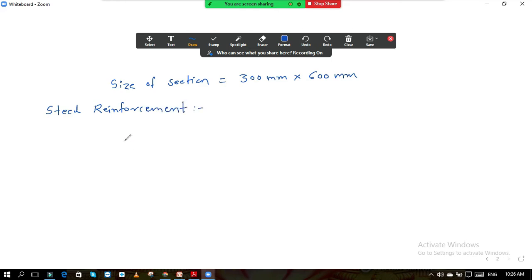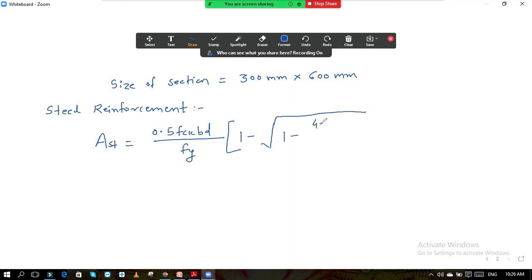So how to calculate the steel reinforcement? Ast is equal to, you know the formula, 0.5 fck bd divided by fy, in bracket 1 minus under root 1 minus 4.6 Mu upon fck bd square.